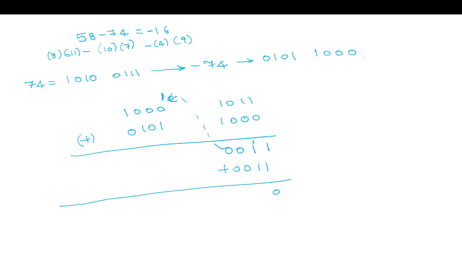So 0, 1, 1, 1, 0, 6. Next, 1 plus 1, 1, 1, and 1. There is no carry. So we have to subtract with 3 or add with 2's complement. I just perform 2's complement. Triple 1 is 1. And this carry will be. Yes, any doubt?